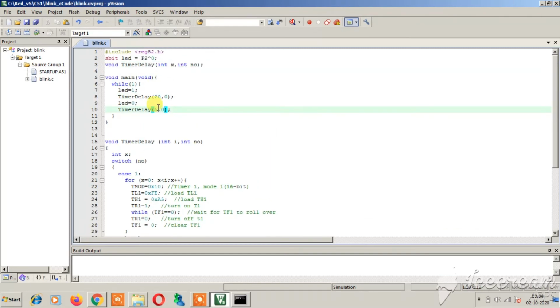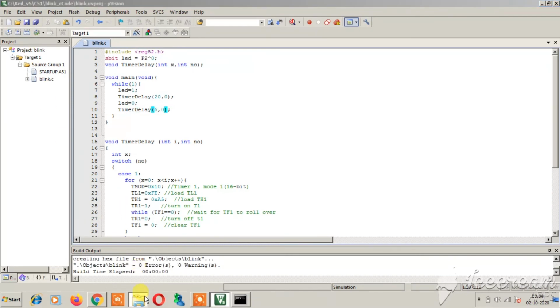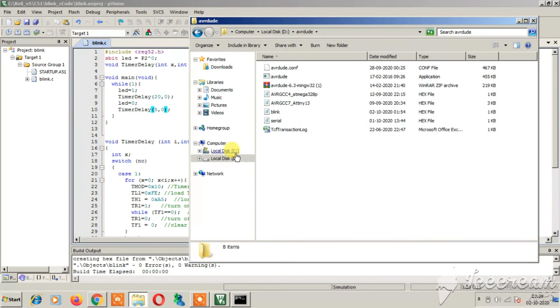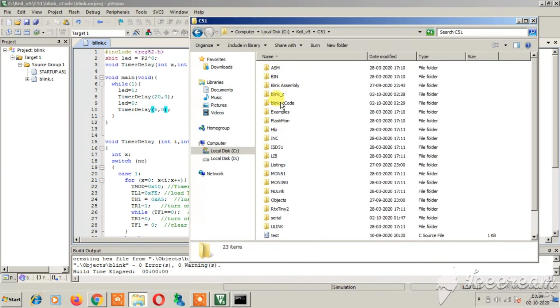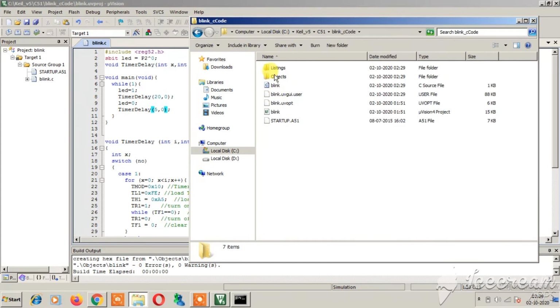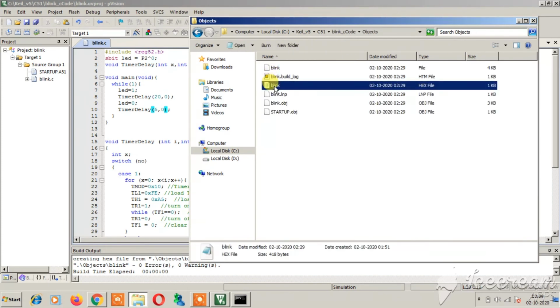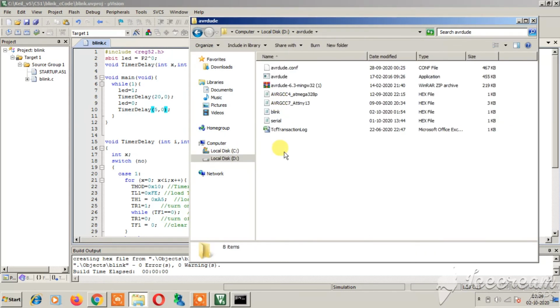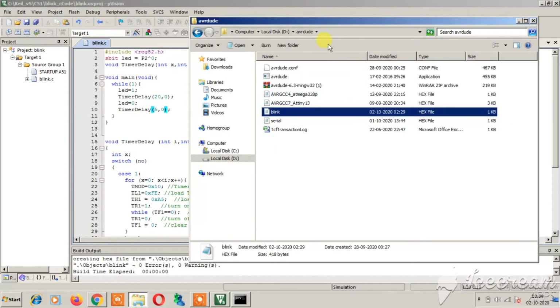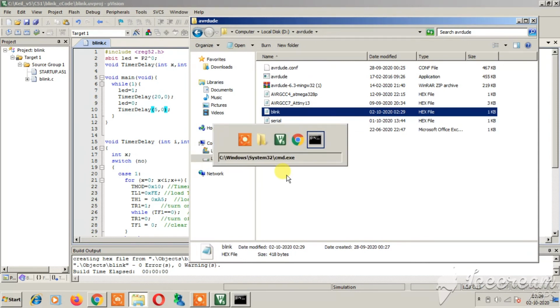So I'll be now compiling this code, again the same code from the previous. Compiling this code, no errors, no warnings, and it builds the hex file. So now as we have discussed previously, copy the hex file from here, and now opening the EVR-Dude.